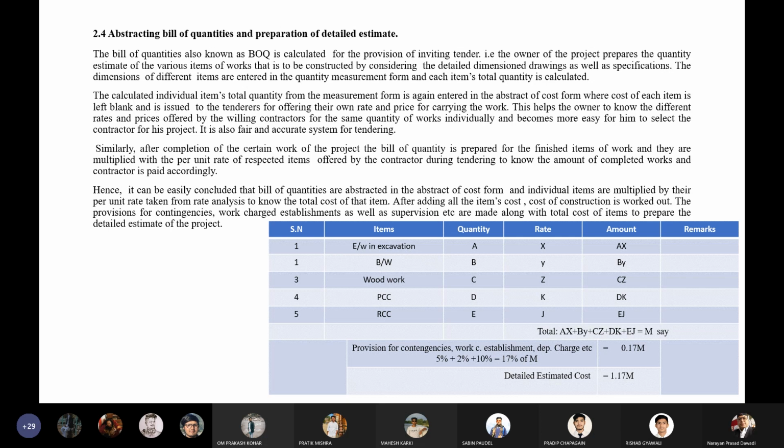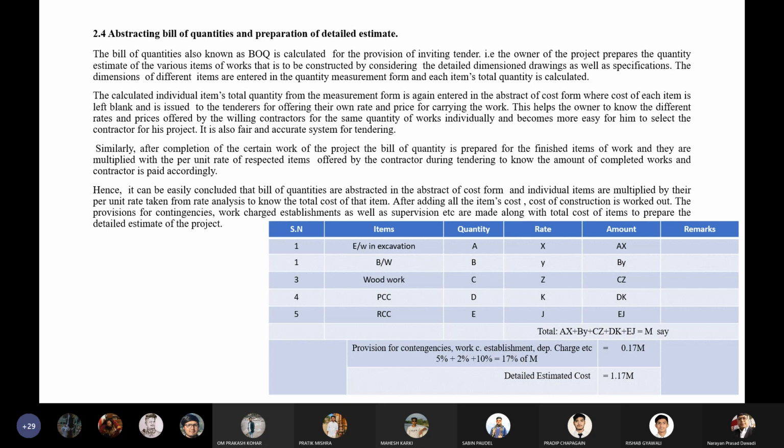We do not enter the rate and amount on the bill of quantity. This bill of quantity format is given to the contractor later, and the contractor offers their own rate.